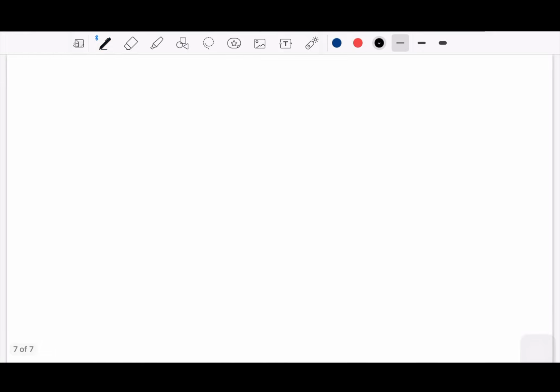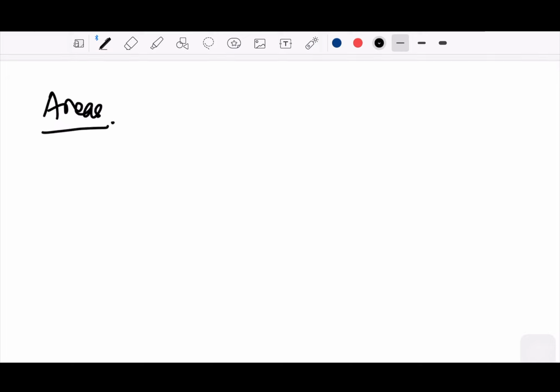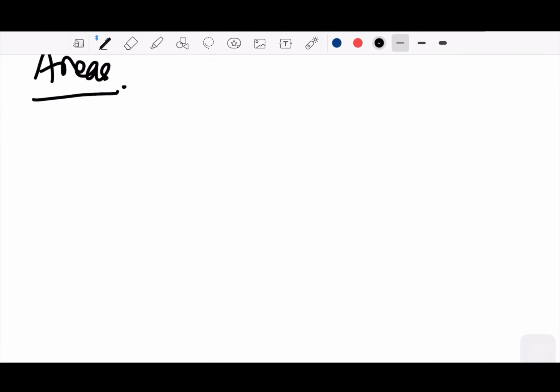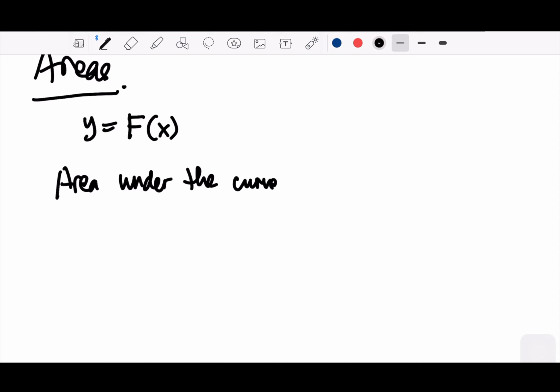Okay, we can move to the areas. Let's say we have a curve, and let's say the area under the curve from a to b.